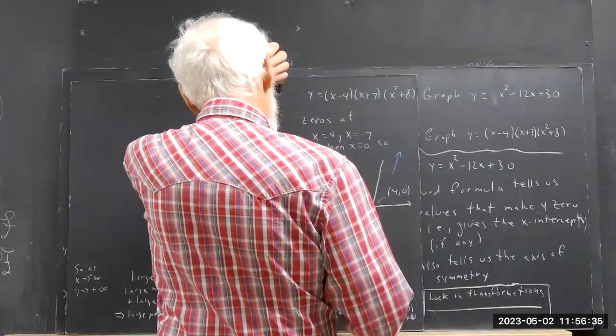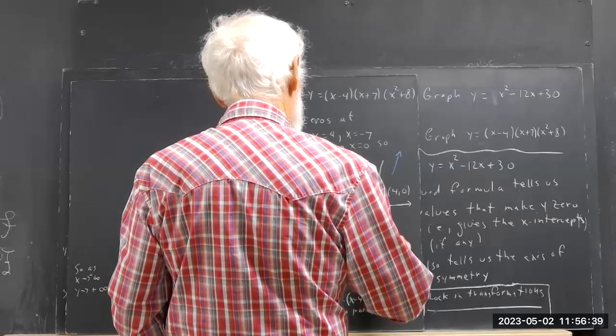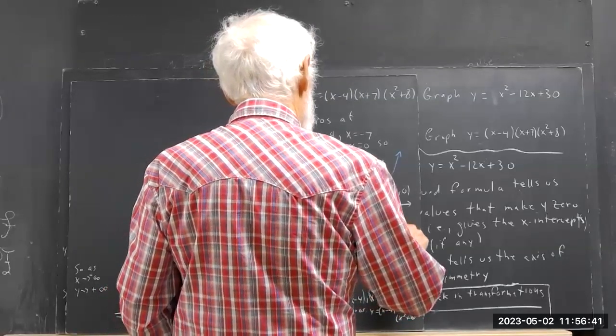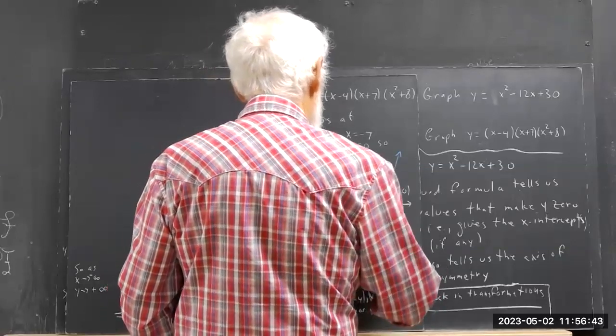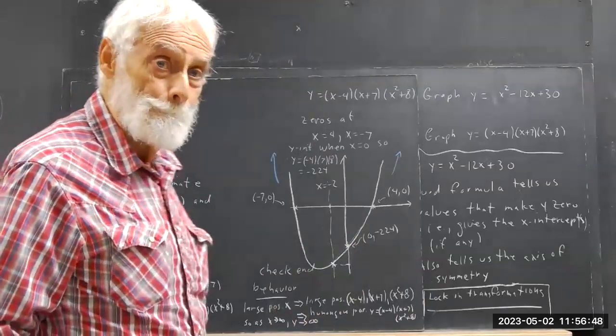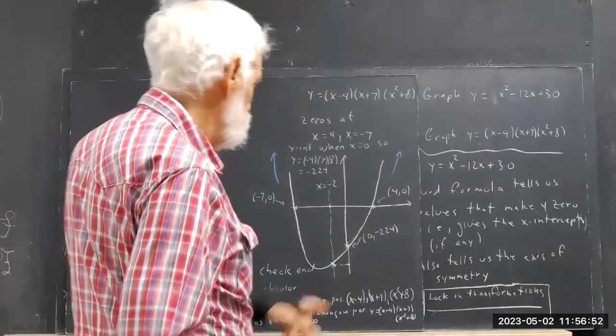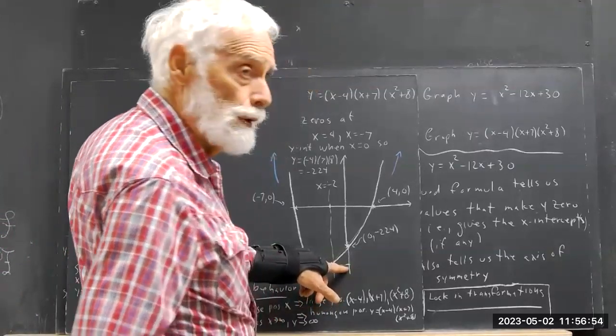If my arithmetic is correct, this point is 0, negative 224. Now, on my graph, what would the y coordinate be here?